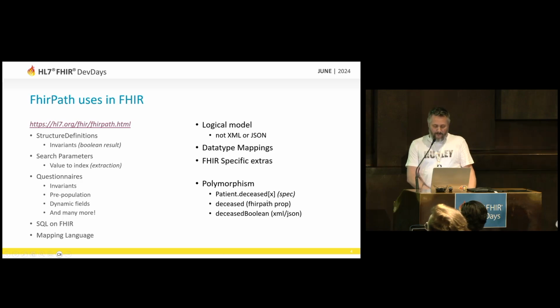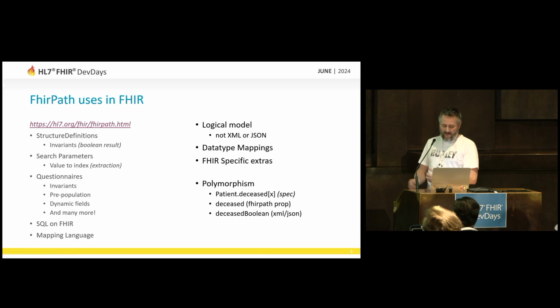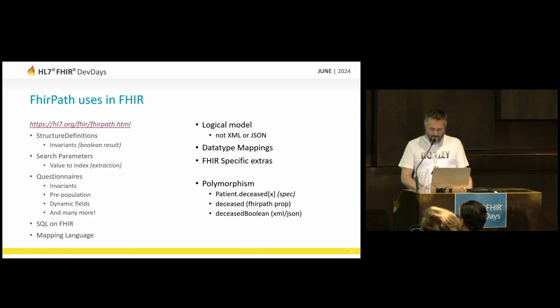From the FHIRPath language perspective, we just refer to that as deceased. We don't throw the [x] on the end because that would be really confusing. And on the wire with XML and JSON, we actually have deceasedBoolean, but you don't write that in your expression. So that's one of the little traps as you walk through.